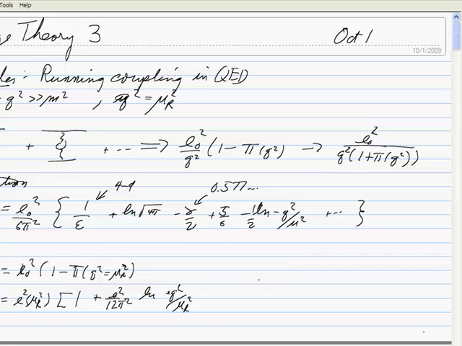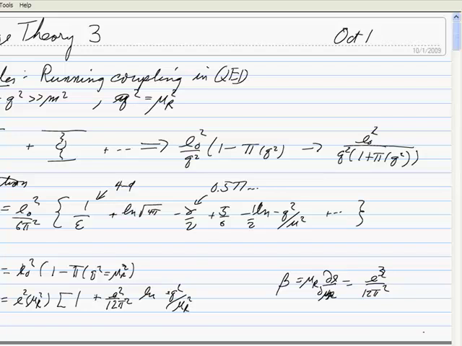Okay, and let's keep it on the same page here. The beta function is the way that this coupling depends on mu r, which is e cubed over 12 pi squared.